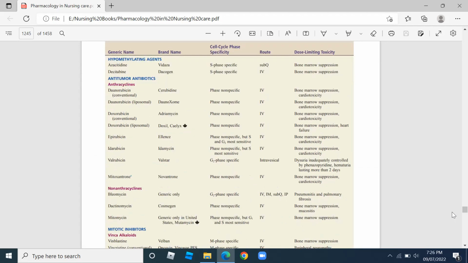Now the another class of drug is anti-tumor antibiotics. These include anthracyclines and non-anthracyclines.